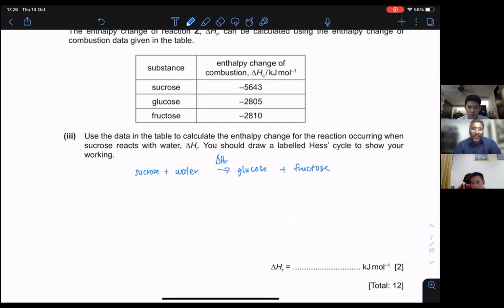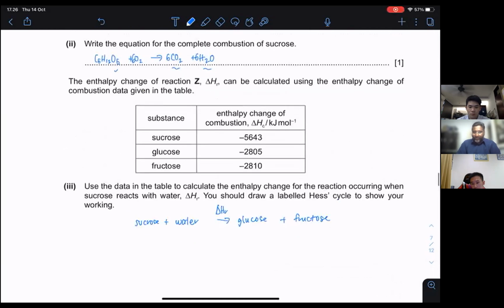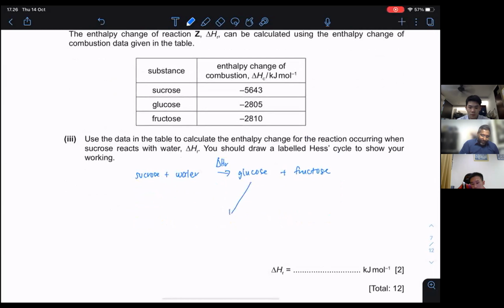I know that glucose can combust to give you carbon dioxide and water. Fructose also can combust to give you carbon dioxide and water. And sucrose also can combust to give you carbon dioxide and water.